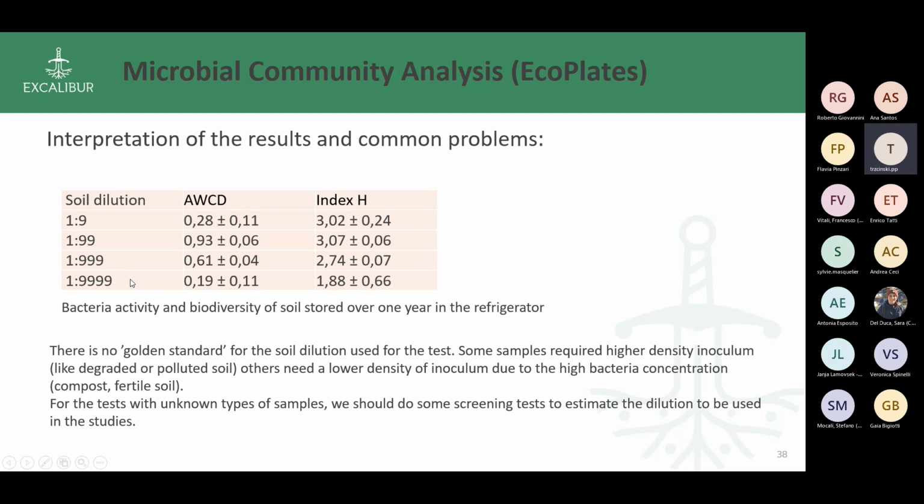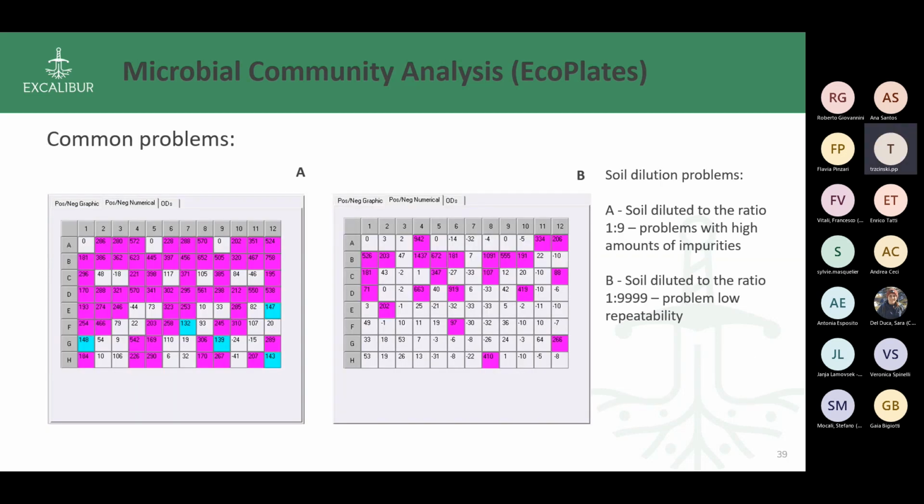And for the peat substrate in the greenhouse, we use 1 to 1000, for example. Yes, so the soil diluted in the ratio of 1 to 9, we have the high problem with impurities. But another thing, if we dilute our sample too much, we'll have the problem with repeatability.